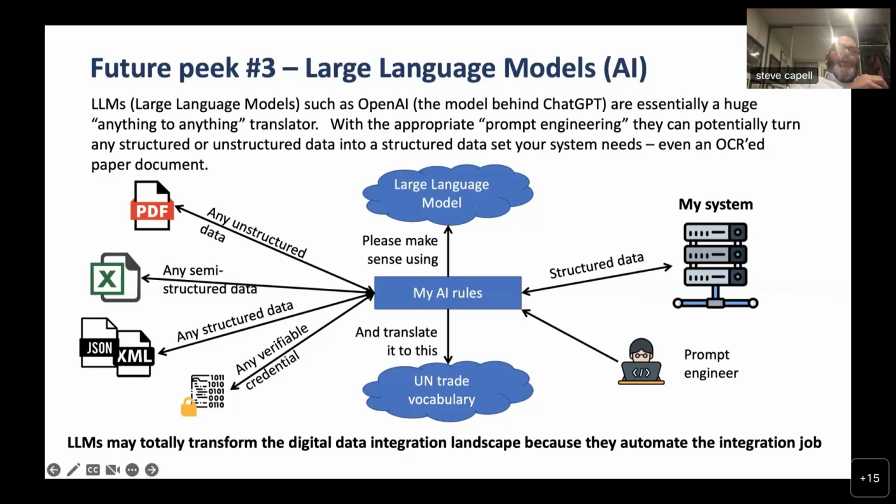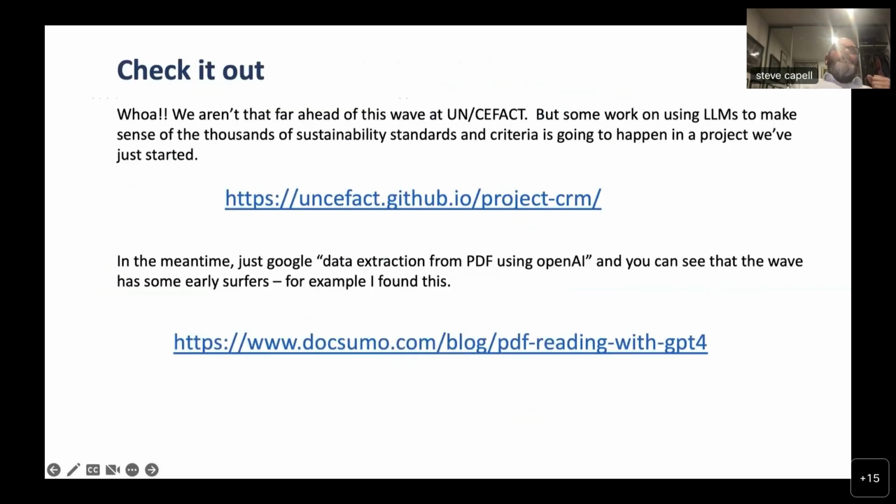So it seems not unlikely to me that it won't be far away where large language models can bridge that final gap and make sense of any data and translate it into the format you need. I don't have a UNECE reference for this yet, although we have just started a project that will leverage large language models to try to make sense of the literally thousands of sustainability standards around the world and the hundreds of sustainability criteria that each one has in order to develop a harmonized vocabulary.